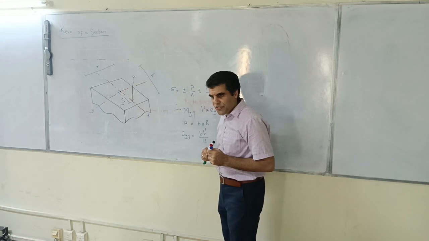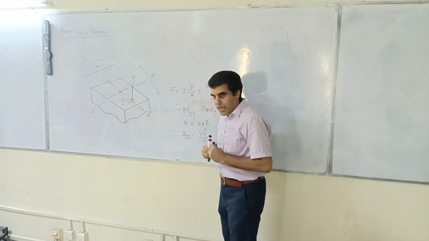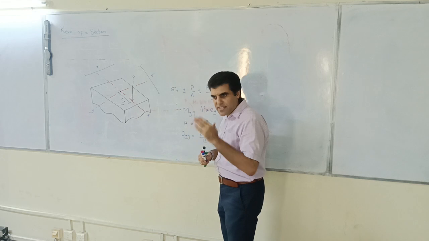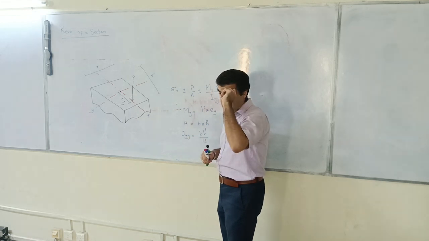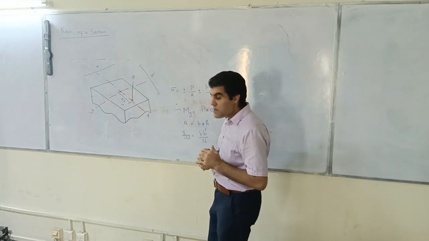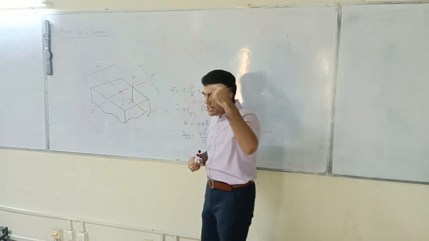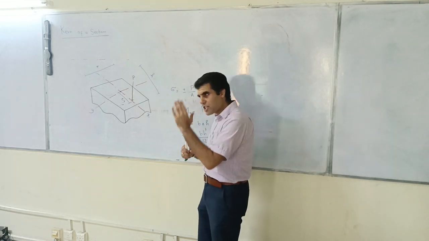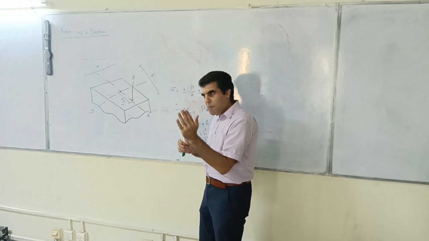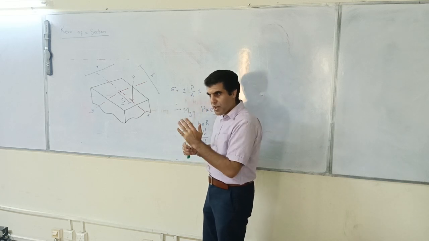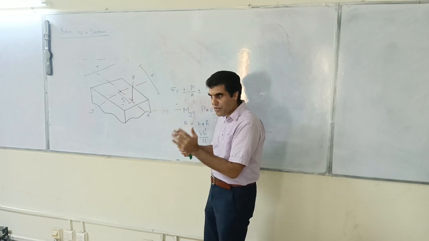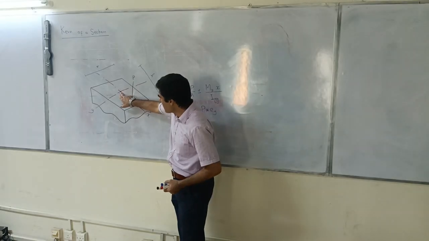What I am interested in now is where my neutral axis is going to be. Yesterday's discussion, please keep on tossing in your mind. In unsymmetrical bending, I told you that if I change my load, my neutral axis changes. The centroid of the cross section stays the same, but the neutral axis changes. So this is the centroid.